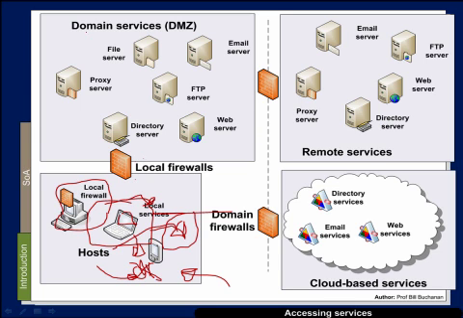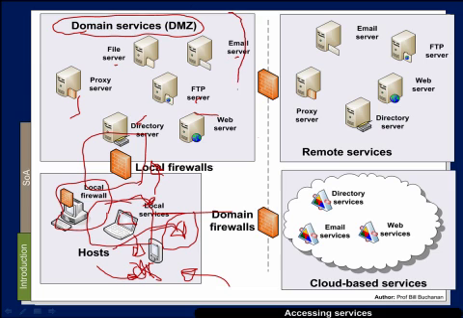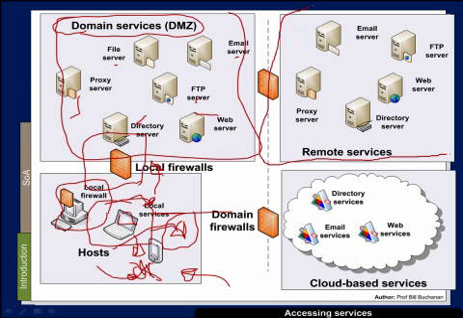So we can have our services contained within our demilitarized zone to provide our domain services. This might be a proxy server, directory server, web, FTP, email, and file servers. And with this we might have a local firewall which might block access or not. Then we can have remote services, so if our organisation doesn't have all the services that it needs, then it might use some external services.